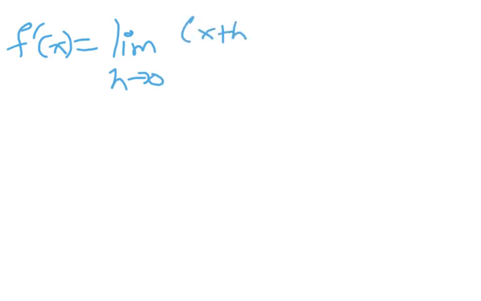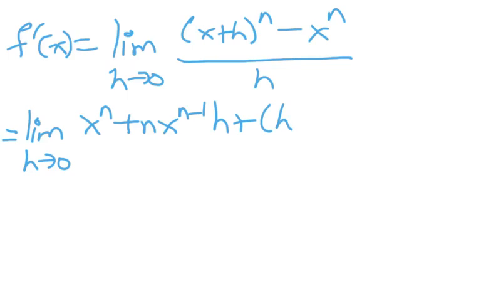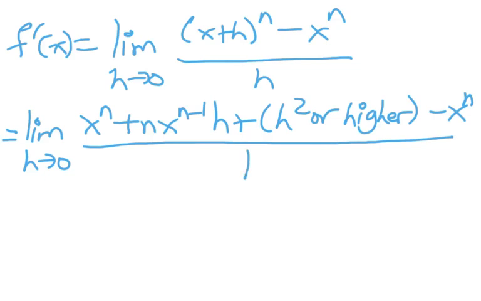All right, anyway, so back to what is the derivative. So our f prime of x is the limit as h approaches 0 of x plus h to the n minus x to the n, all divided by h. So now that we have a somewhat formula for the x plus h to the n, we get x to the n plus n x to the n minus 1 h plus h squared or higher terms, minus x to the n, all divided by our h.